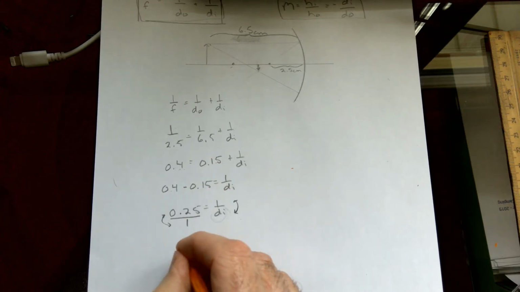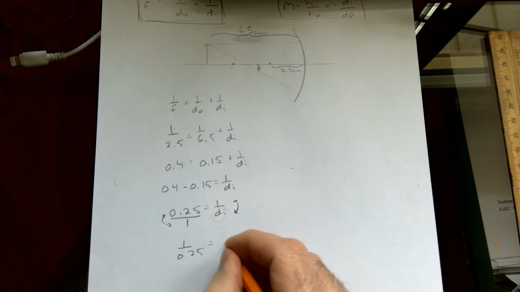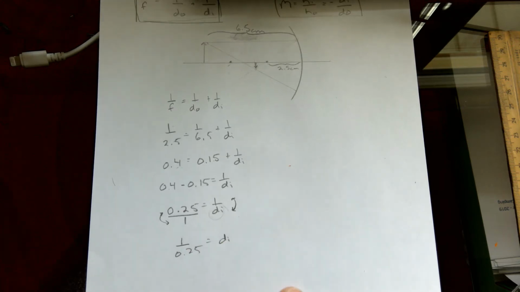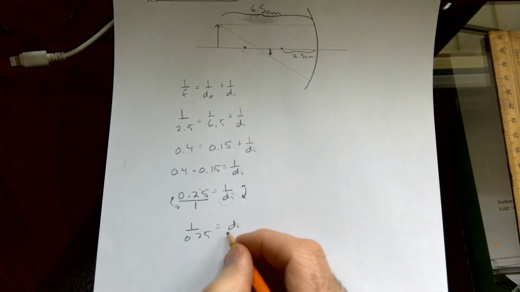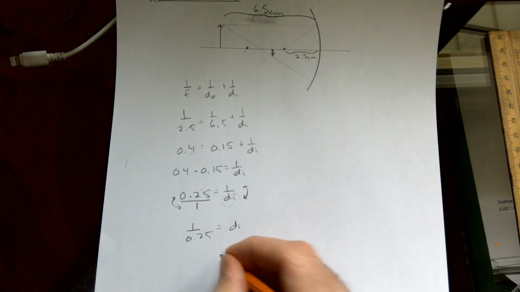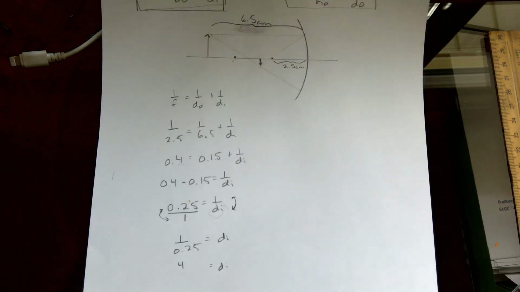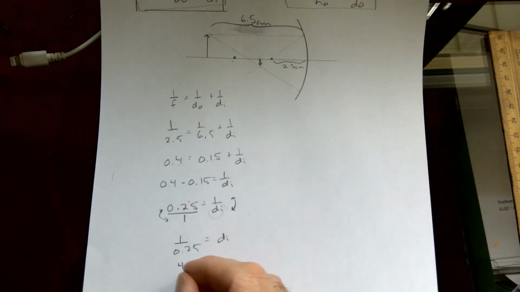So you've got 1 over 0.25 equals di over 1. I'm not going to write the 1 down because di over 1 is just di, but I could. So di is going to equal 4. So the distance of the image should be 4 centimeters away.